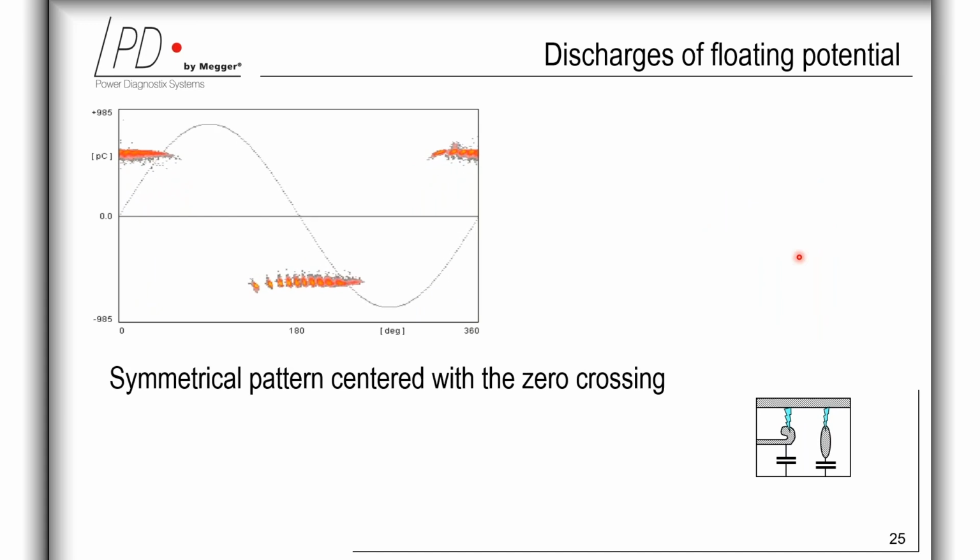So, discharges of floating potential. This is another discharge activity with metallic surfaces. When we talk about metallic surfaces, we should consider that there are always starting electrons available immediately. This pattern shows a floating potential, and this is a metallic element in the electric field, typically with a small gap to high voltage or ground potential.